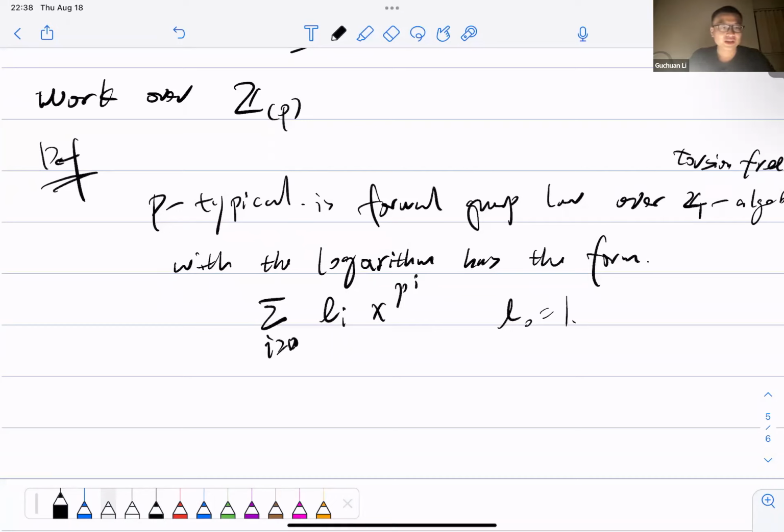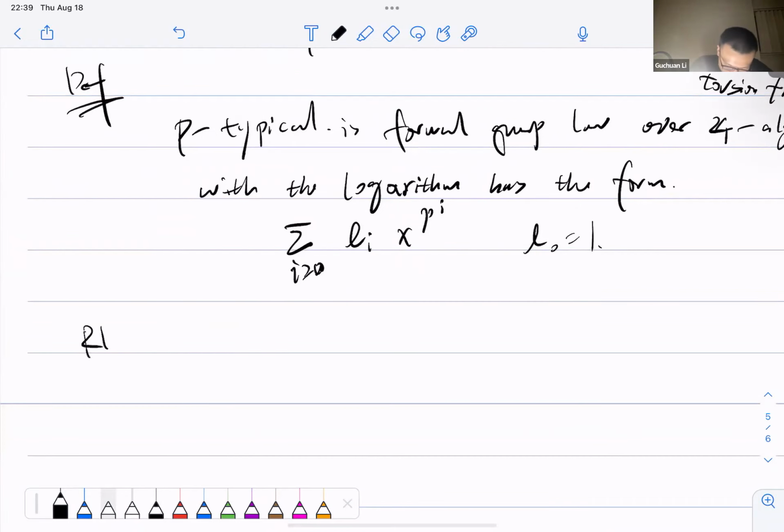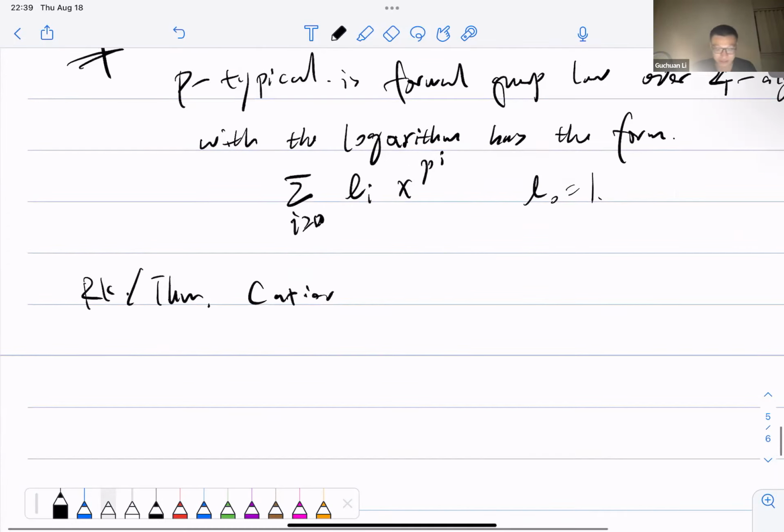Just like in the general case, I can ask whether there is a universal one, after I define the p-local formal group law. First, the definition makes sense. The remark, or maybe it's a theorem, I think this is a theorem of Cartier, says you can study only the p-typical formal group laws.